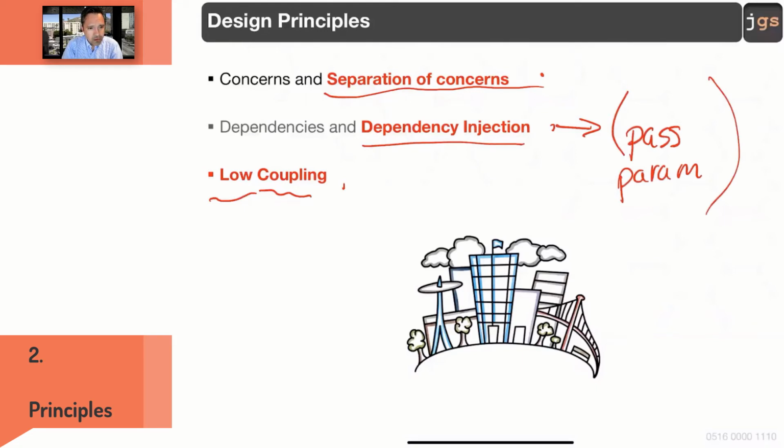You do dependency injection when you, for instance, pass an object as a parameter. Passing objects in general.